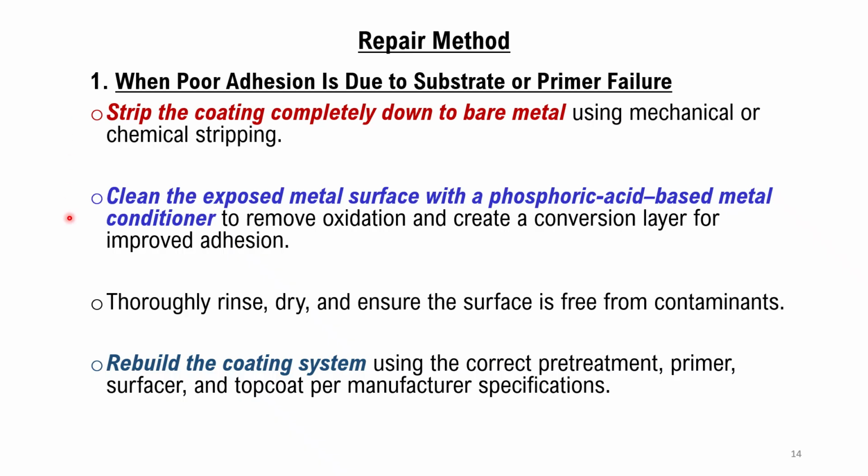Next, clean the exposed metal surface with a phosphoric acid-based metal conditioner to remove oxidation and create a conversion layer for improved adhesion. Thoroughly rinse, dry, and ensure the surface is free from contaminants. Finally, rebuild the coating system using the correct pre-treatment, primer, surfacer, and top coat per manufacturer specifications.